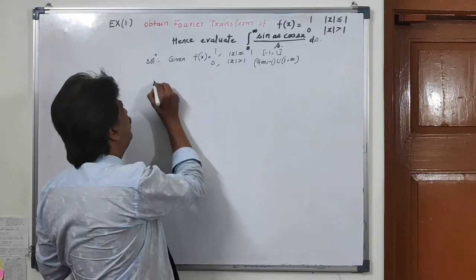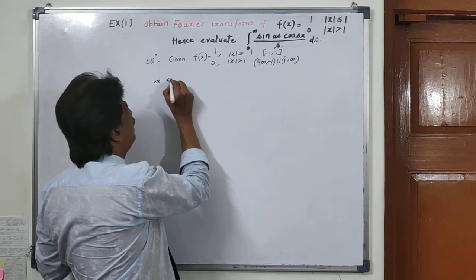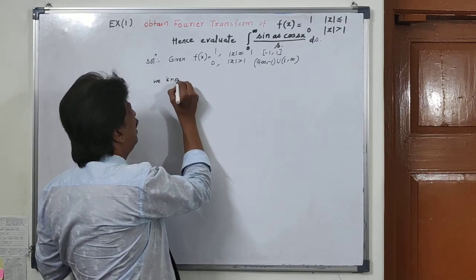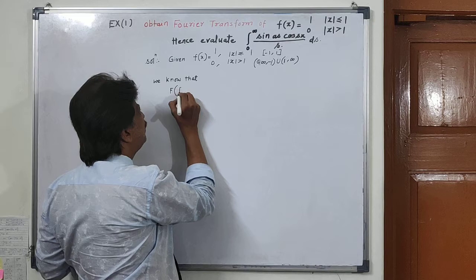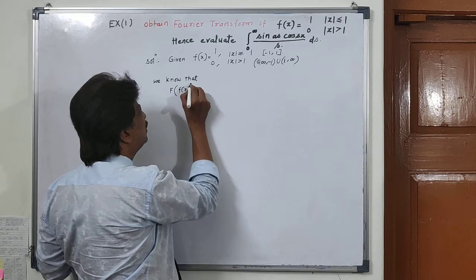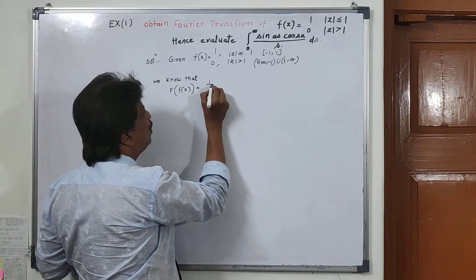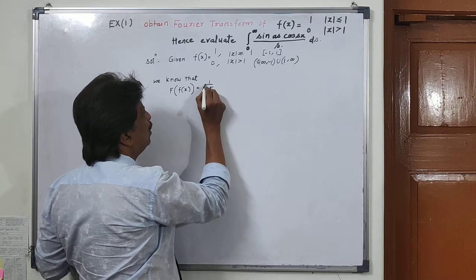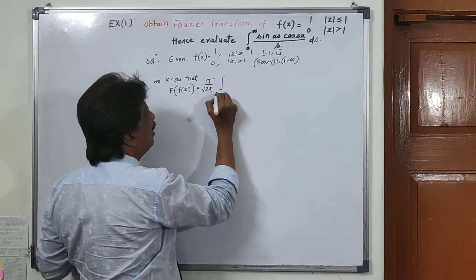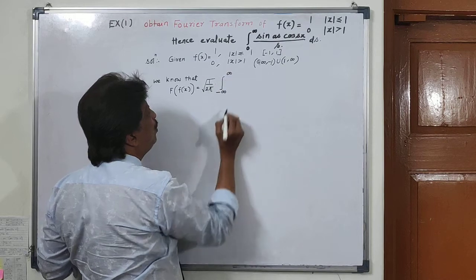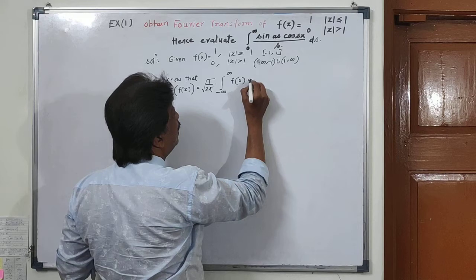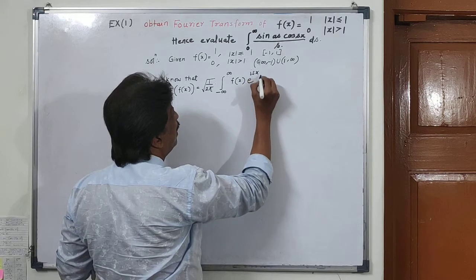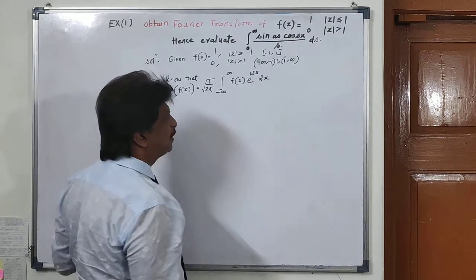We know that Fourier transform of f of x is equal to square root of 1 upon 2 pi integral minus infinity to infinity f of x into e raised to power i s x dx.